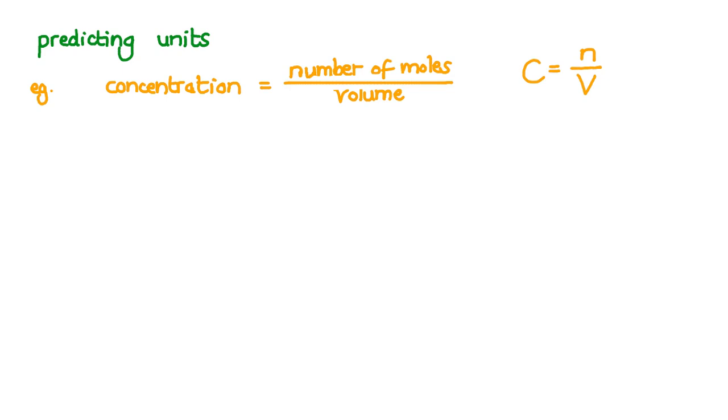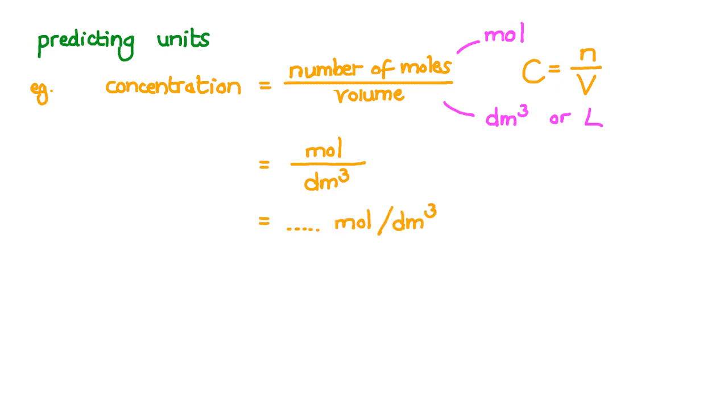For example, using this equation for concentration, concentration equals number of moles over volume, or N over V, where the unit of moles is mole and the unit for volume is often expressed as dm cubed or liters, we will have a number in moles over a number in decimeters cubed, giving us an answer with the unit moles per decimeter cubed. So even if you did not know the units for concentration, as you do the calculation, you will be able to figure out what the final unit will be.